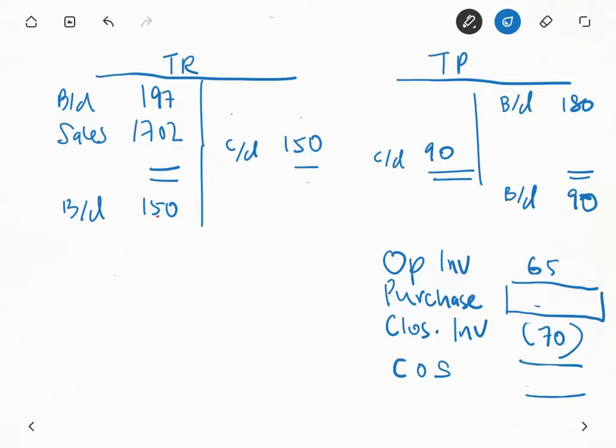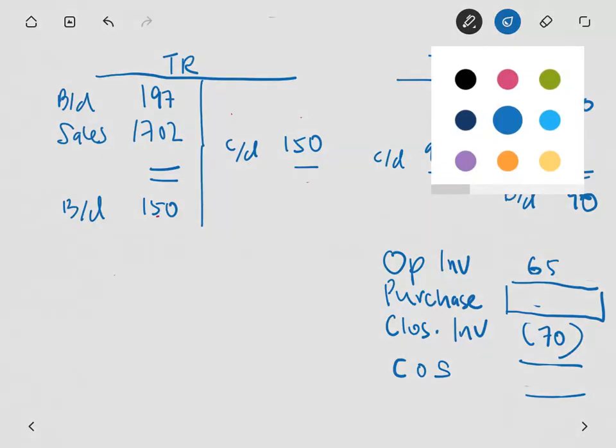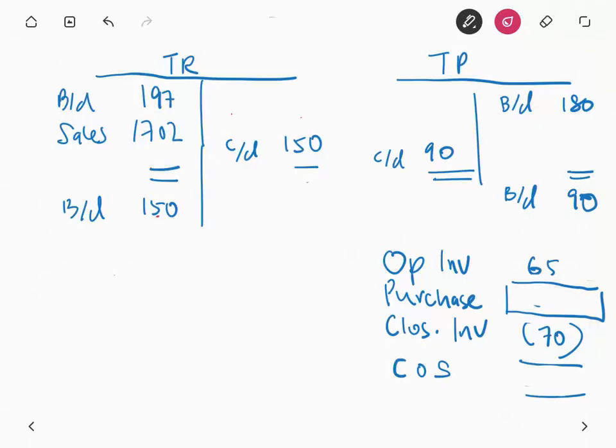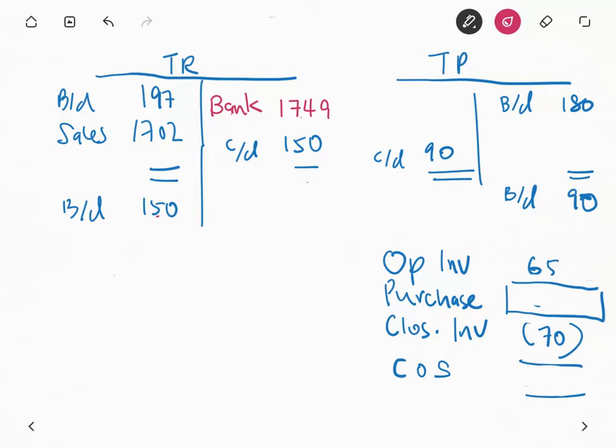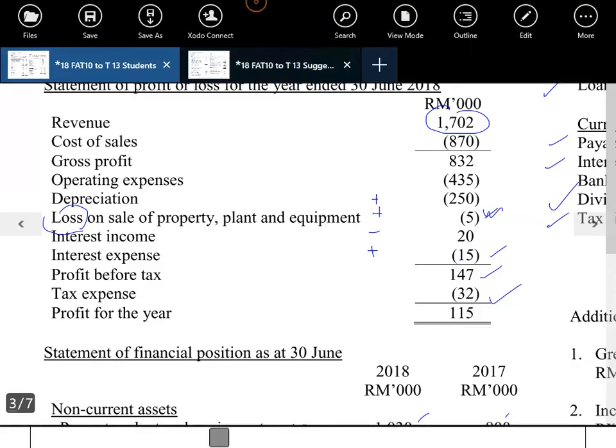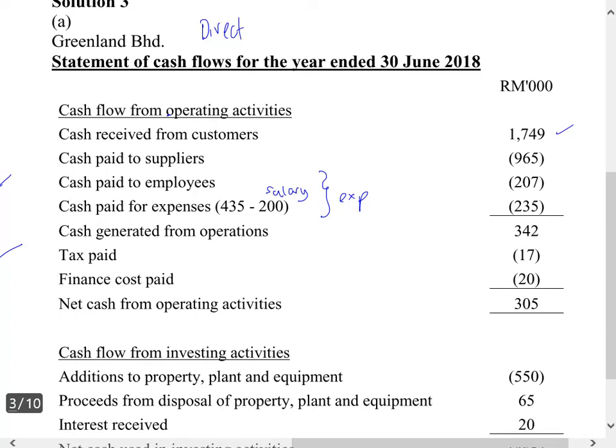No. So how much did I actually receive? Check. 1899 minus this, 1749 balancing is the amount I received from my customer. So to calculate cash received from customer, open trade receivables, plug in the sales. Done. Answer: 1749. Show working.